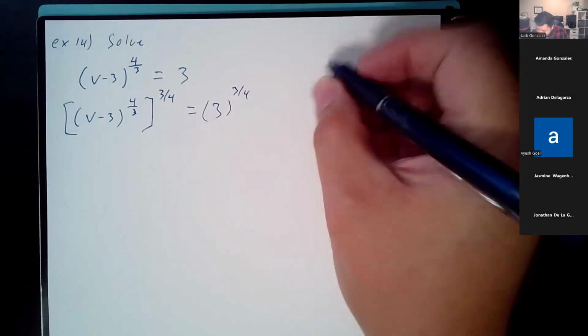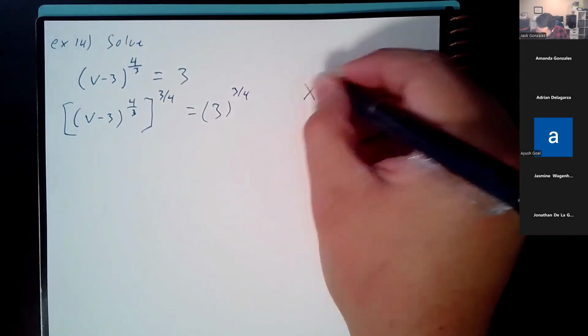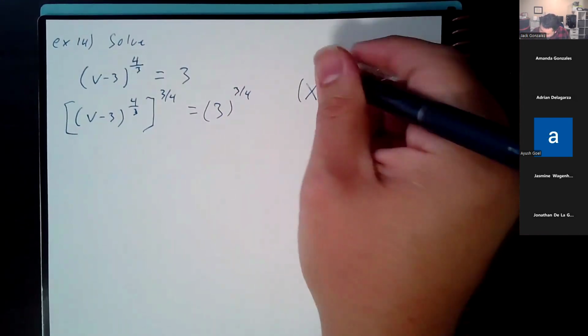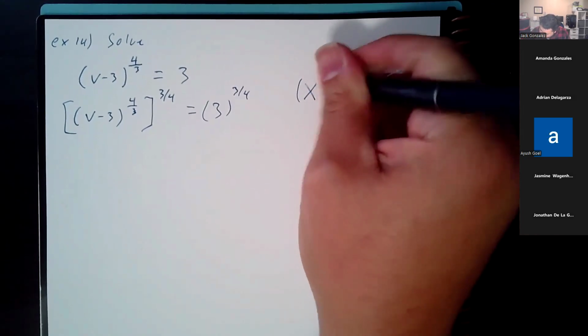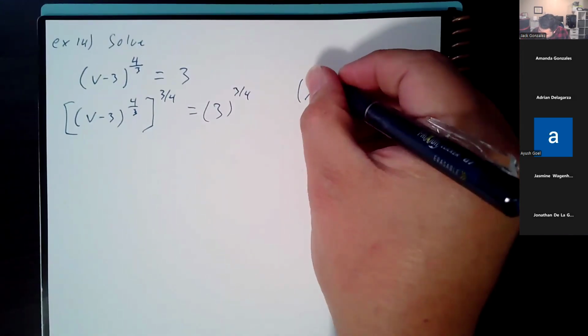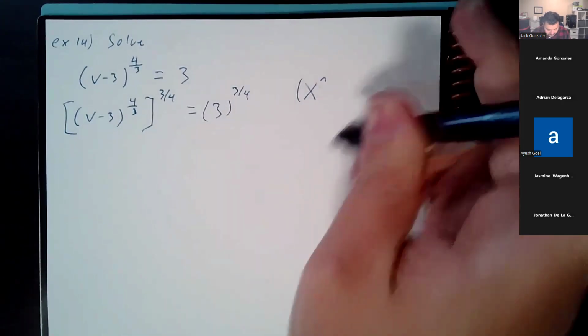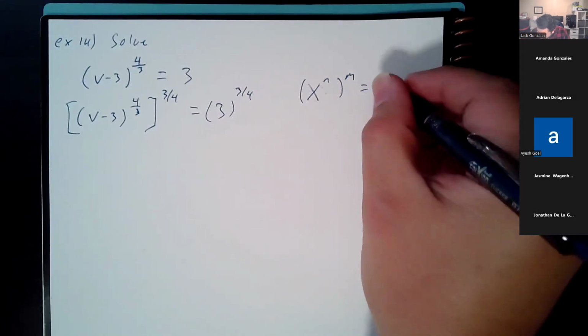Remember the rules of exponents, right? If you have a power raised to a different power, then you multiply them, right?